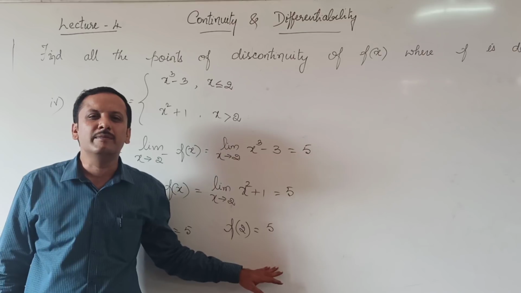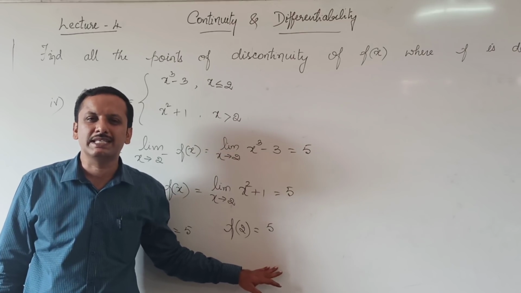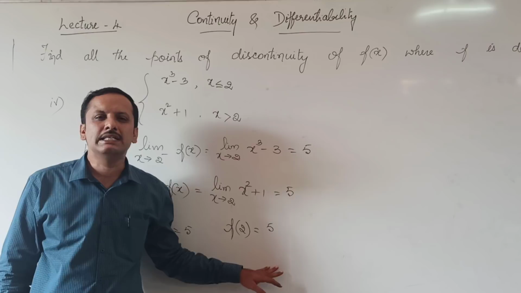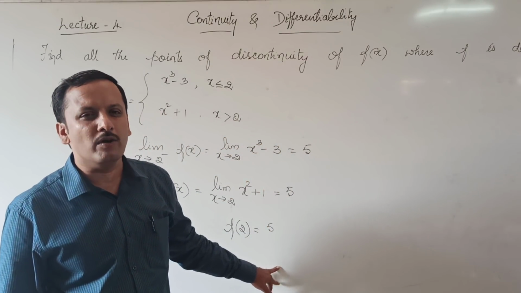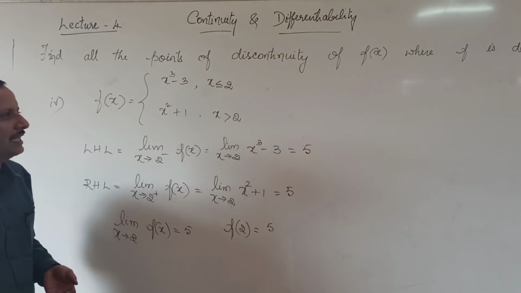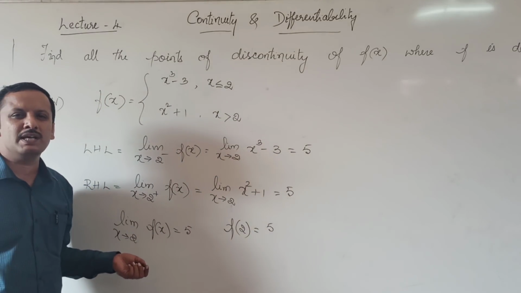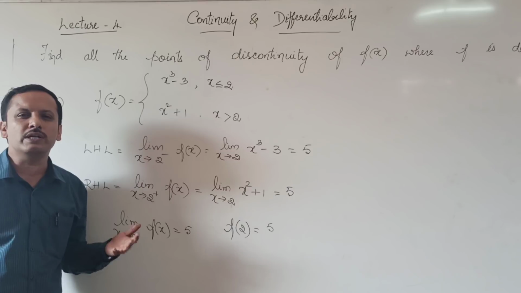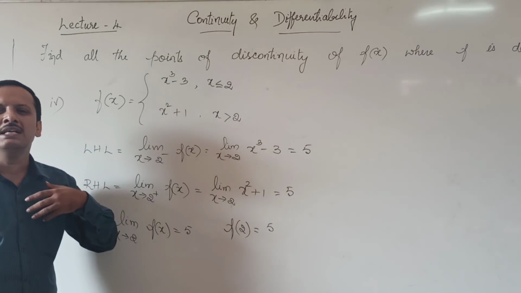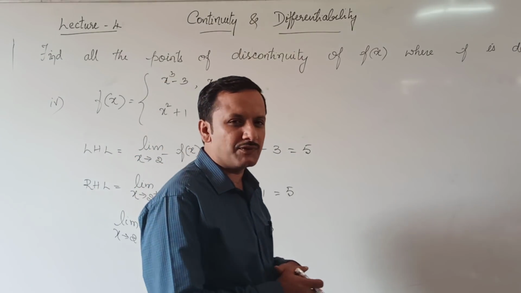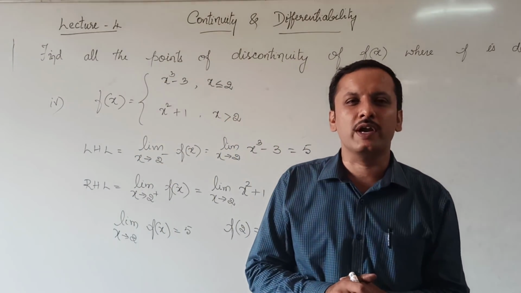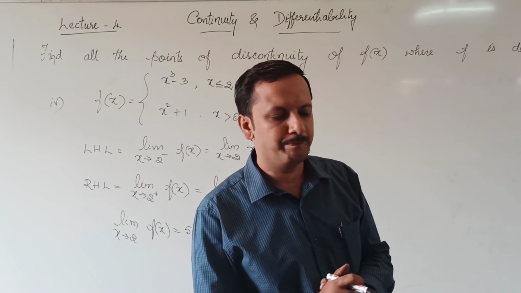So limit x tends to 2 of f of x is equal to f of 2, hence f of x is continuous at x equal to 2. And obviously it is continuous everywhere else, hence f of x is a continuous function throughout its domain. What is the domain? The domain is the set of all real numbers. Everywhere it is continuous. Hence, for this function, there is no point of discontinuity.